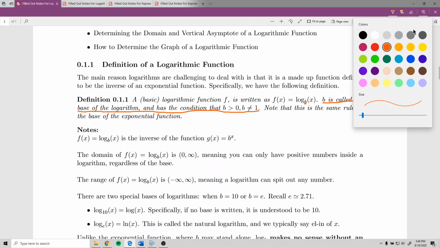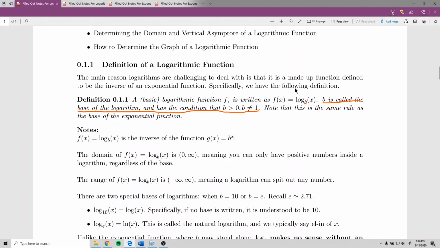Now, there are a couple things that I like to point out here about a logarithmic function. Whenever you write log, it must have a base. So b will just be representing some number, and an input. That means you cannot write just log base b.